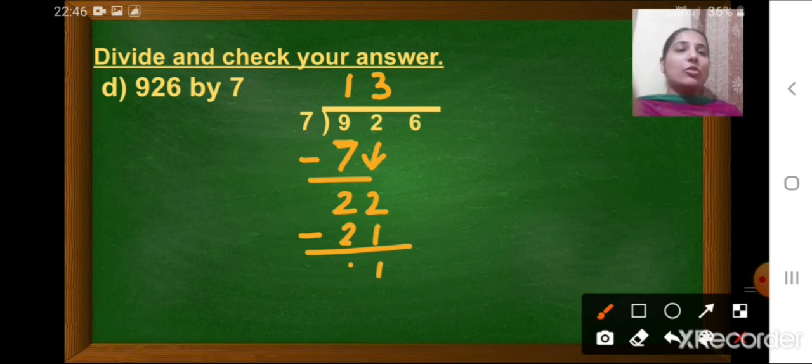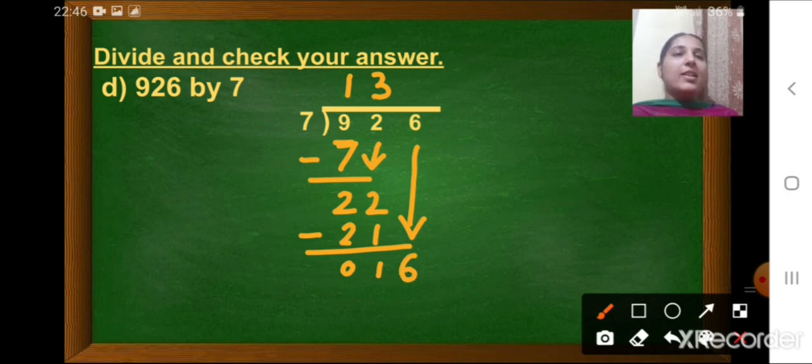So now 2 minus 1 is 1, and 2 minus 2 is 0. Now again this 1 is smaller than 7. So we will bring down the next digit, which is 6 here from the dividend. So now we have 16. Now 7 1 times is 7, 7 2 times is 14. 7 3 times will be 21, which will be more than 16. So how many times? 7 2 times.